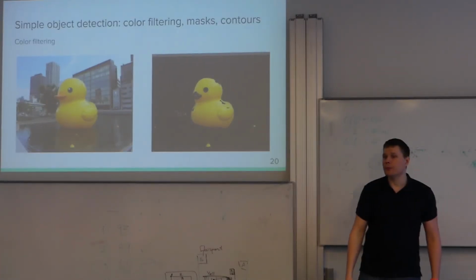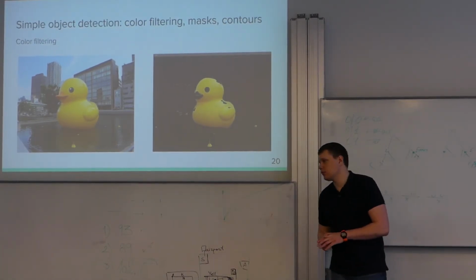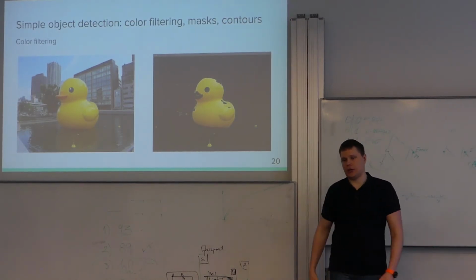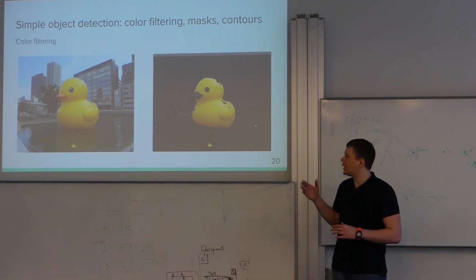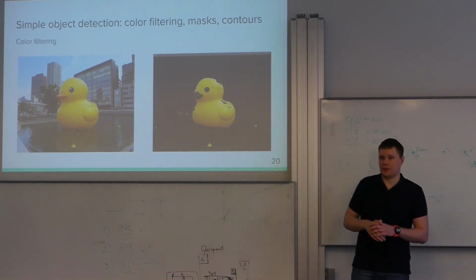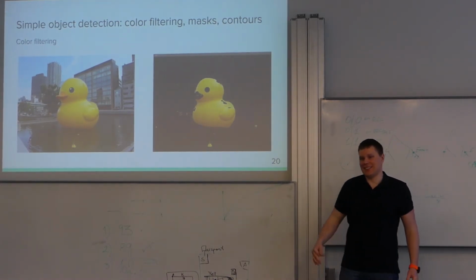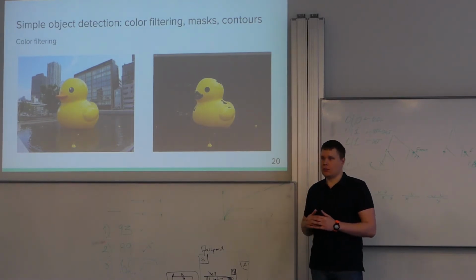Question: can you do a 3D picture of the duck? A 3D picture with the OpenCV methods? Yeah, there is functionality which helps you to retrieve 3D information from the texture, but a duck is not the best sample for this. Well, we're dealing with ducks here, so that's why I'm asking, but how far can you get three-dimensional here?